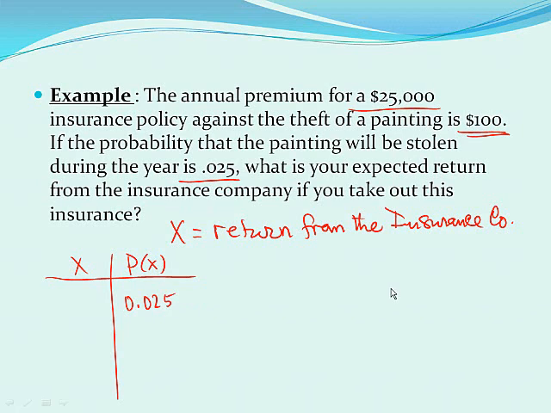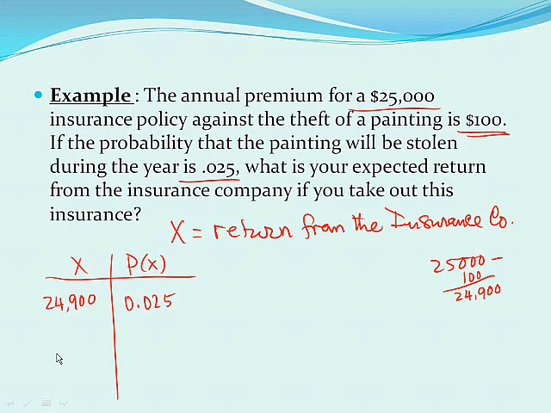the premium. So the return from the insurance company will be 25,000 minus the premium amount, which is 100. We will get $24,900. So the x value will be 24,900. In the other case, we will only be paying the $100 premium to the insurance company, but we will not be getting any money from the insurance company.